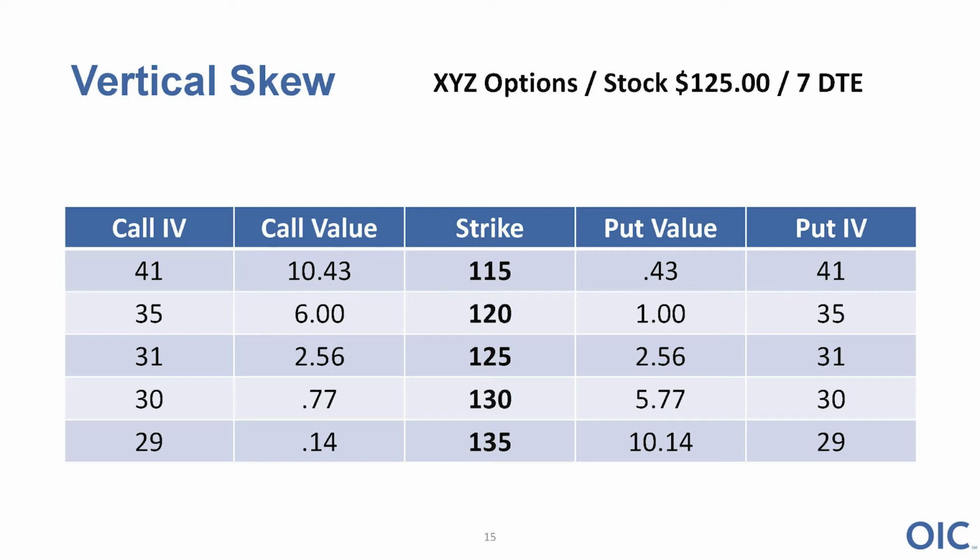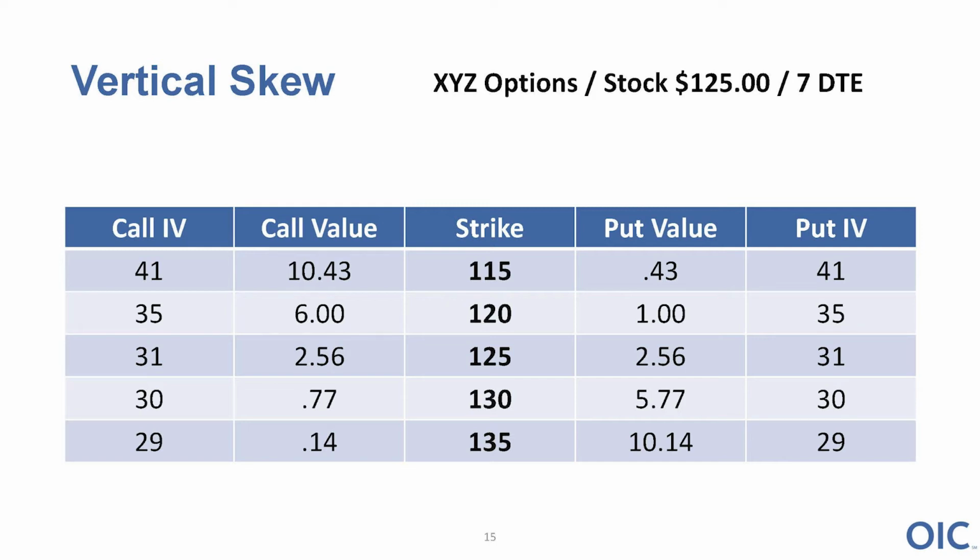Just look at the 125s, which are the at-the-monies. Look at the 130 and the 120s. They're both $5 out of the money, but the puts are trading 5 volatility points higher, at 35, than the 130 calls. Same with the 135s versus the 115s.